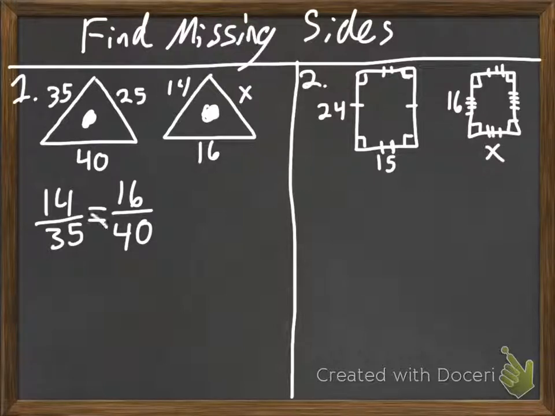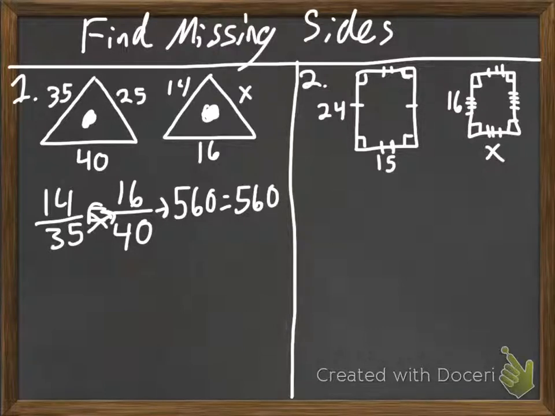And to test it, I'm going to cross multiply. And if I get the same number, then I know that I'm right. And we get 560 equals 560, which, luckily, was the correct way to go about that.